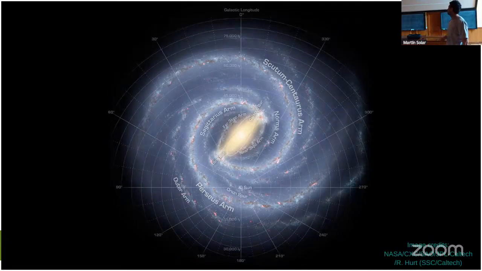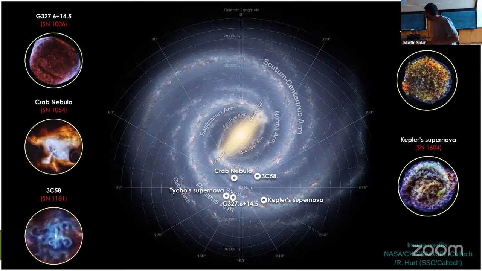So this is our location, the Sun, the solar system, which is located 8 kiloparsecs from the galactic center. If we take into account all the supernovae that were discovered in our Milky Way, these are only 5.